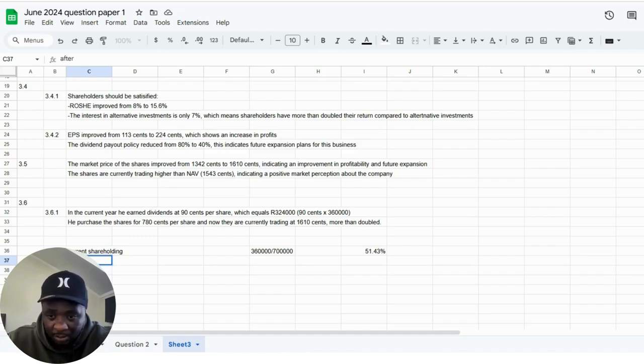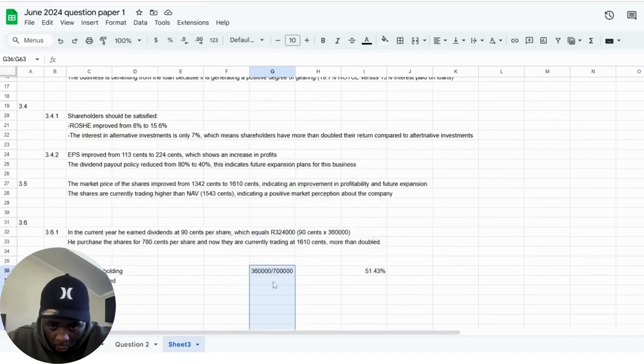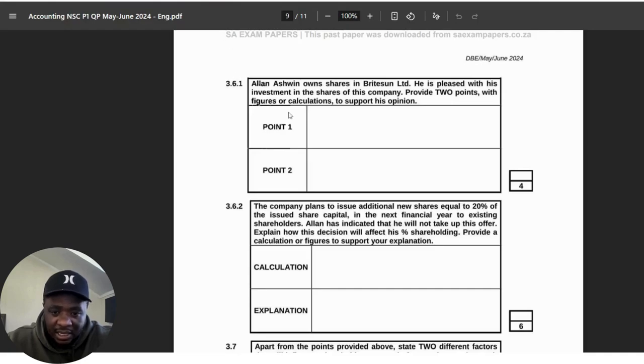Now, after the share issue, he will still own 360,000 shares. But now, how many shares will be issued? It says here that there will be 20%. So additional new shares equal to 20% of the issued share capital already.